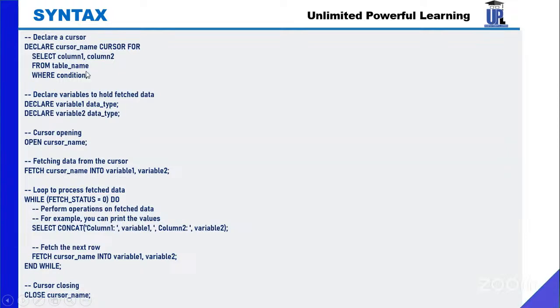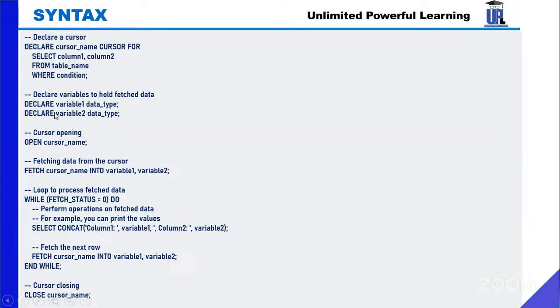Based on that, I may create an employee number and employee salary cursor for our computation. Select employee number and salary from the employee table where salary is greater than something or belongs to some department. So at the end of the day, you should understand the declaration for the cursor.